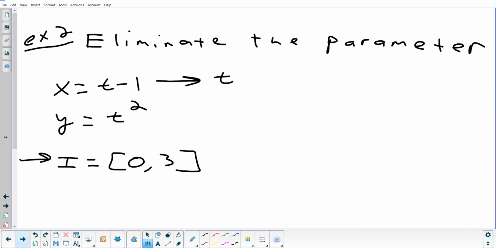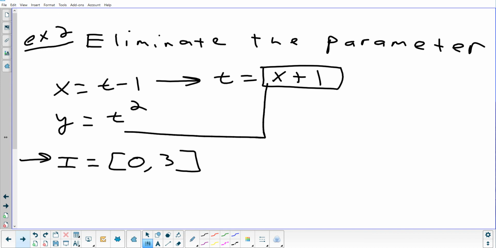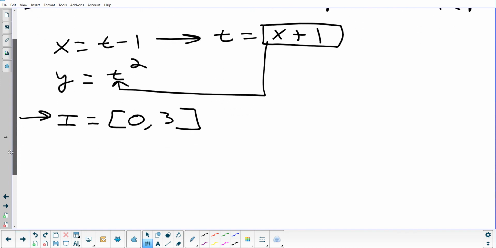So if we do that, what does t equal? X plus 1. Now, what do we do with that x plus 1? Yep, plug it into the y for t. So, our formula is going to be y equals, this time it's not going to be y equals mx plus b.